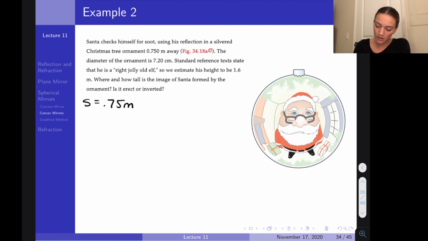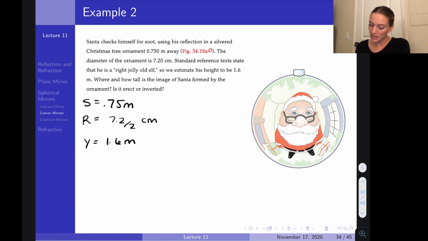That means the radius is half that, so our radius of curvature is 7.2 divided by 2 centimeters. Standard reference texts state that he is a right jolly old elf, so we estimate his height to be 1.6 meters. So his height, y, is 1.6 meters. We want to know where and how tall is the image of Santa formed by the ornament.